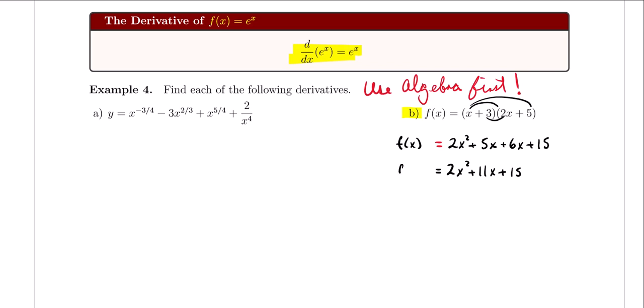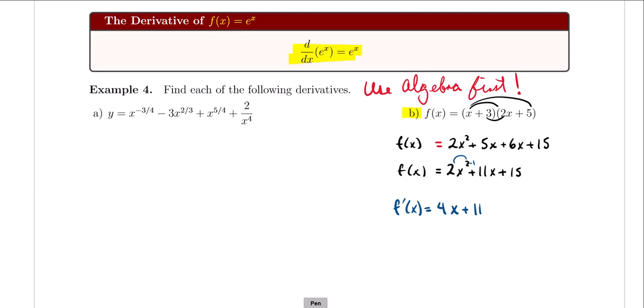All right, so if this one here is our function, now we know how to take the derivative. We've taken derivatives for this before. So the derivative for this one is going to be f prime of x is equal to, bring down the power, 2 times 2 is going to be a 4, x raised to, take away 1 from the power, so it's just x to the first, plus, all right, so we have the constant 11 times the derivative of x, which is just 1, plus the derivative of 15, which is 0.